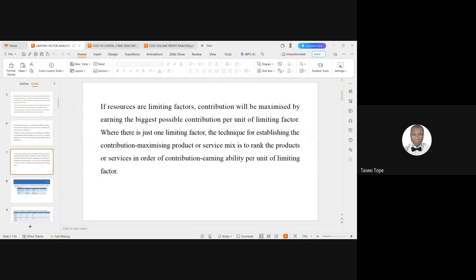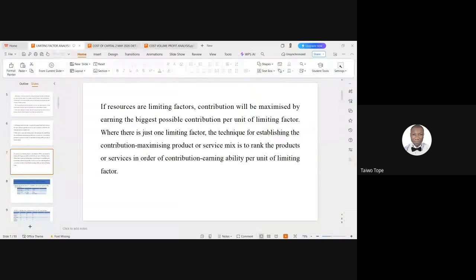Some questions will make it open for you to identify the limiting factor with ease. Some questions want you to test if there is actually a limiting factor in the question before you can come to a judgment that this is the limiting factor.